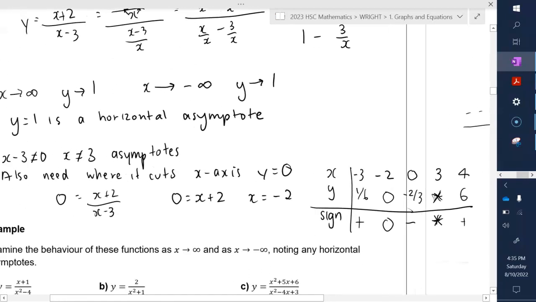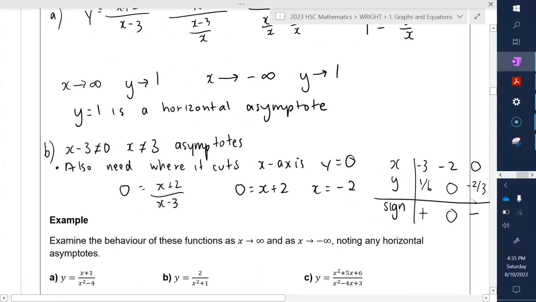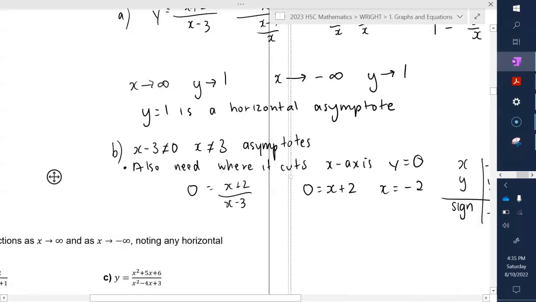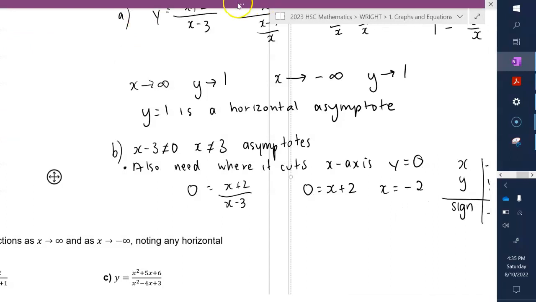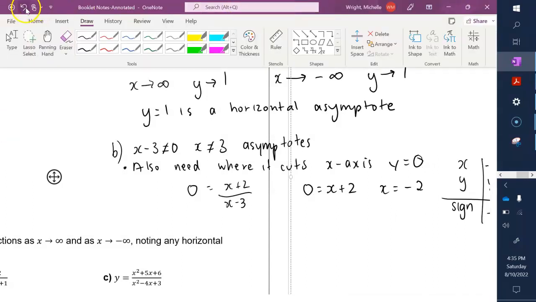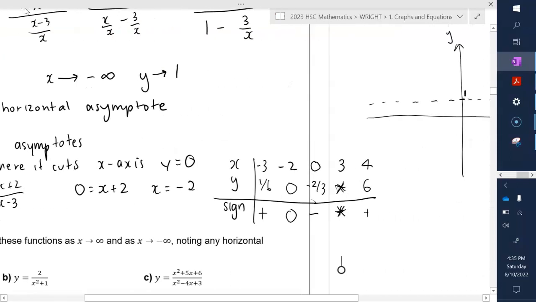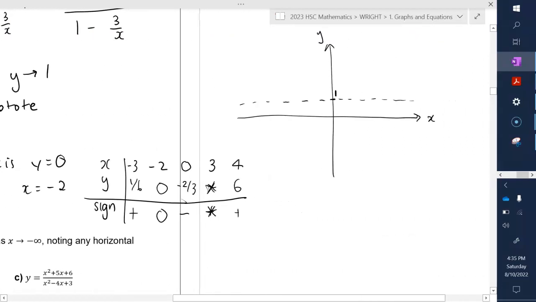We have a vertical asymptote we found here at x equals 3. So I'll pop that one in as well. Okay, so x equals 3 back here.